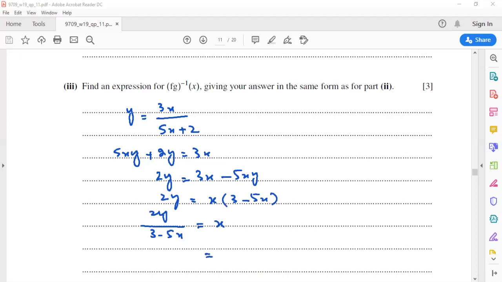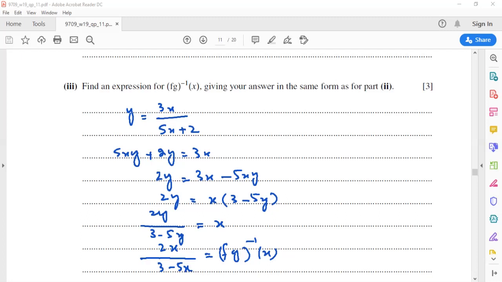So this is actually fg inverse of x, and we just replace y with x. So this is the solution of your question number 7.